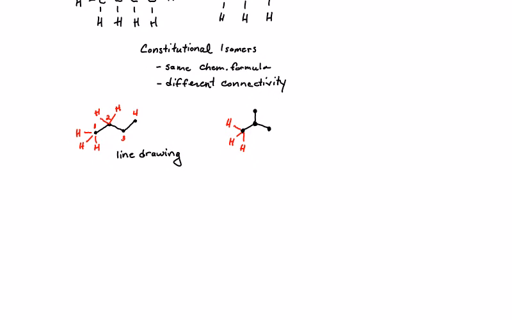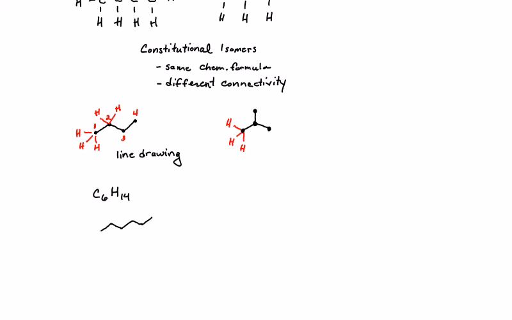So let's look at some other isomers now that we have a faster way of drawing things. If I were to ask you to draw all the possible constitutional isomers of C6H14, here's how you would do that. You would first start off by drawing the straight chain one. We call this unbranched.